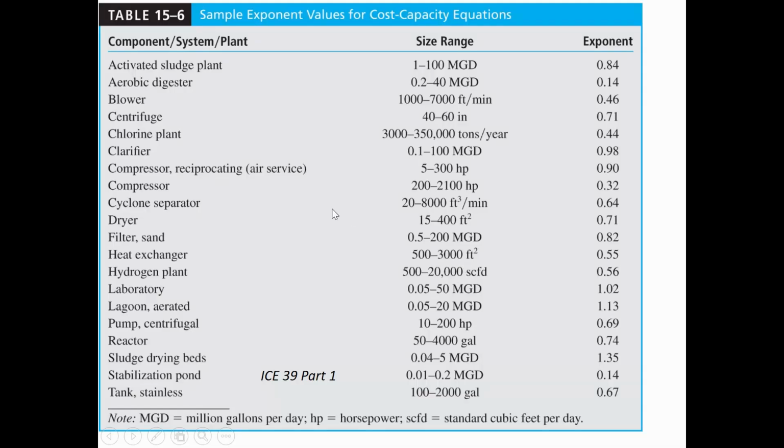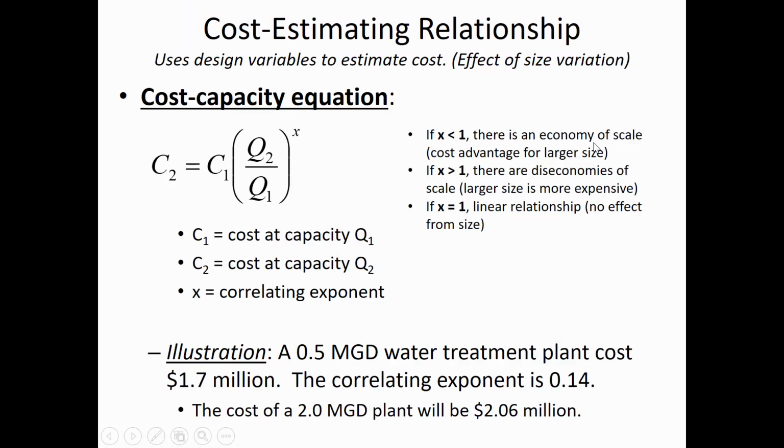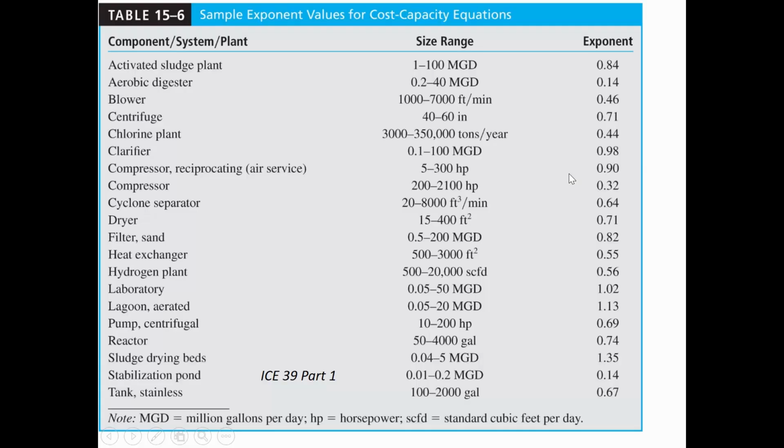On this table in your book, table 15.6, it's talking about, for wastewater treatment, different correlating exponents, and you can see some of them are less than 1, meaning there's an economy of scale, and some of them are greater than 1, meaning it's a diseconomy of scale. Some of the things that are less than 1, for instance, one that's quite a bit less than 1, is this chlorine plant. That's the type of equipment that's generating chlorine, so it can be used for disinfecting water.